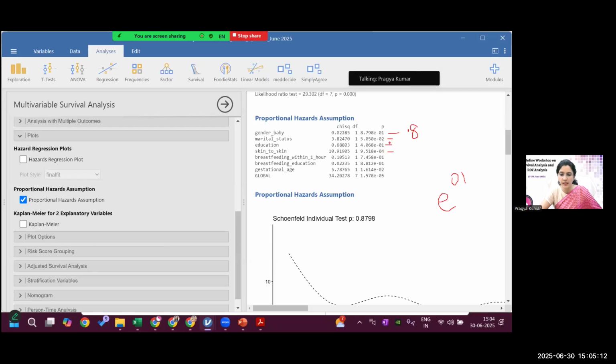So if you see the proportional hazard assumption, this will meet it, and the breastfeeding within 1 hour will meet it. Others won't. Only wherever this value of e to the power 01 is there, then that assumption is met.